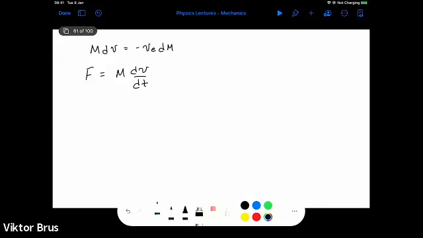And this can be equal to the absolute value of ejected velocity, dm over dt.